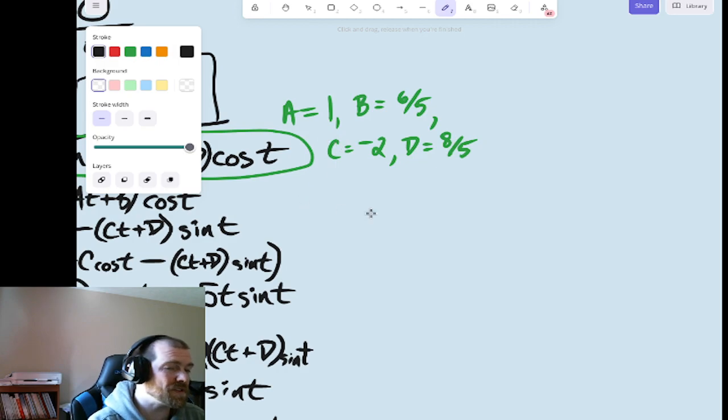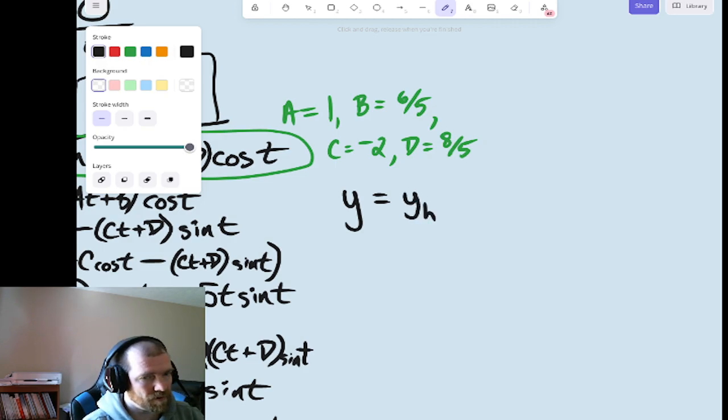Okay, so with all of that, now we know that our solution, y, to the original differential equation is going to look like the y homogeneous part plus the particular part.